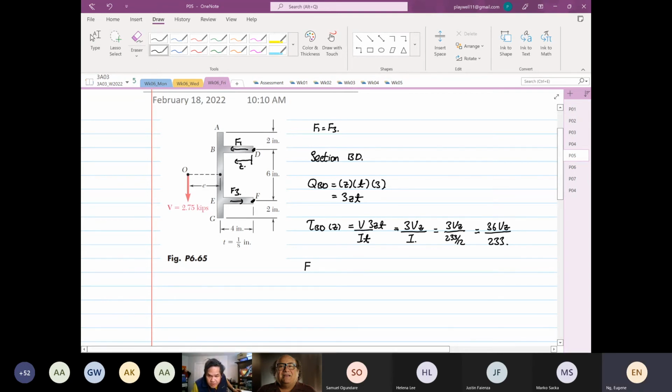David, should the 4 be a 4 minus 1 over 16 since it go to the middle of AG? No, when we analyze, we just take the center line. Okay, we just take the center line like this. Okay, David or Devin, sorry.